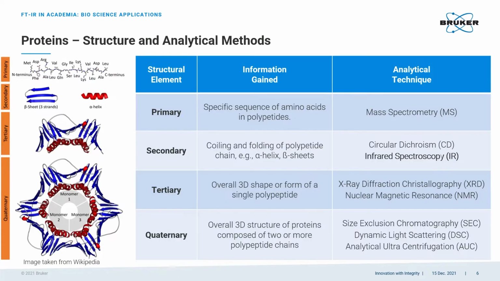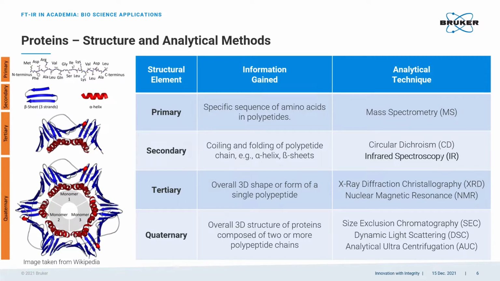So first of all, we have the primary structure, which is the specific sequence of amino acids within the polypeptide chain of a protein. This chain forms a helix or strands or stays unordered, and that is what we refer to as the secondary structure, which again forms a three-dimensional form in space, and that is called the tertiary structure.